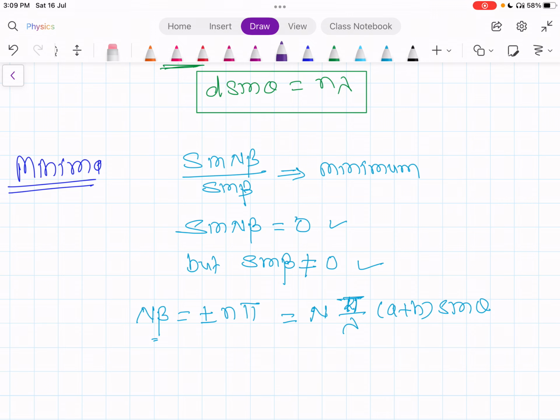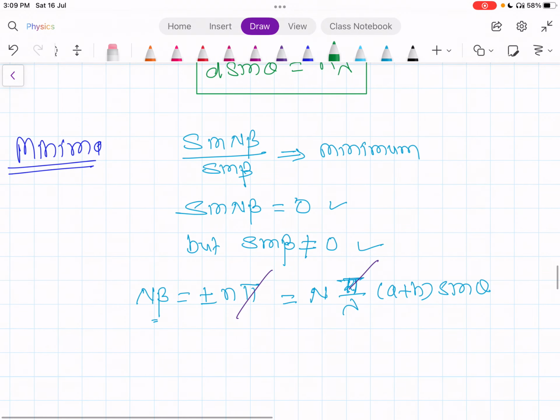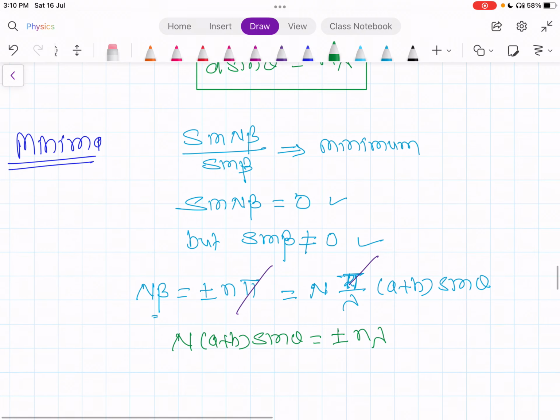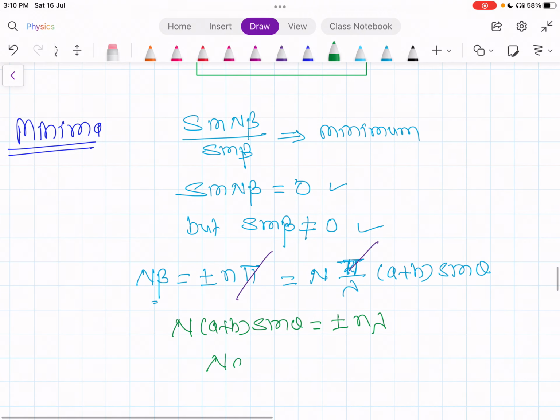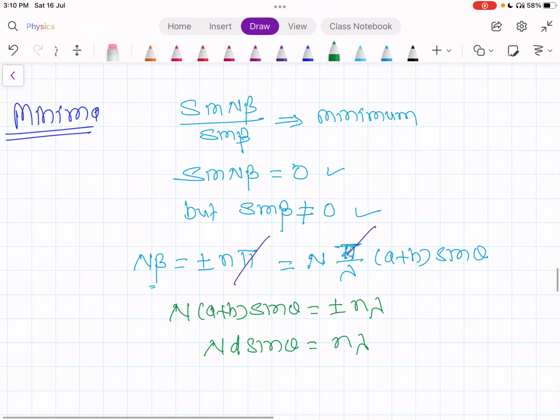So in this pi cancels with this pi, and you get n times a plus b sine theta is equal to plus minus n lambda, or you can write this N d sine theta is equal to n lambda. So this is the condition for minima.